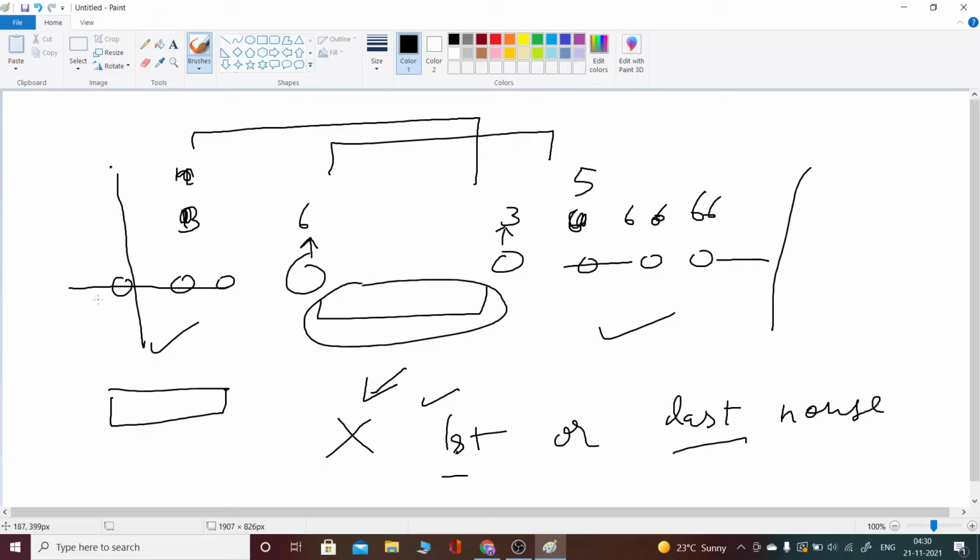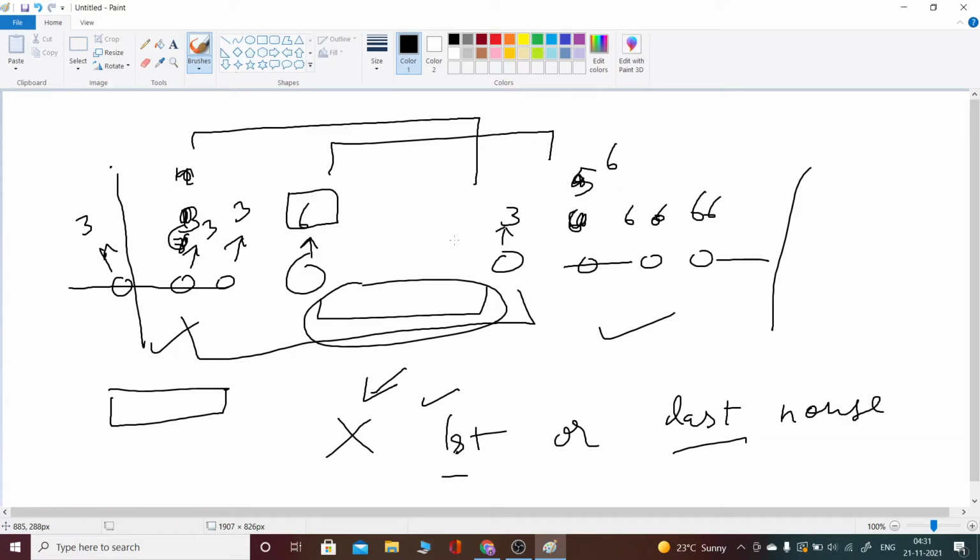If it was 6, I would have chosen that 6 directly, so that the maximum distance would be from there. So from the left side we cannot achieve a greater distance if we do not keep all the houses on the left of this 6 to be of color 3. Similarly, applying the same argument, all the houses on the right side should be colored 6.